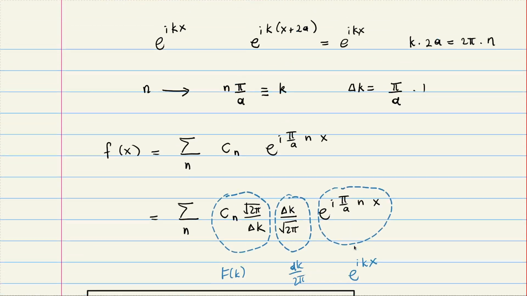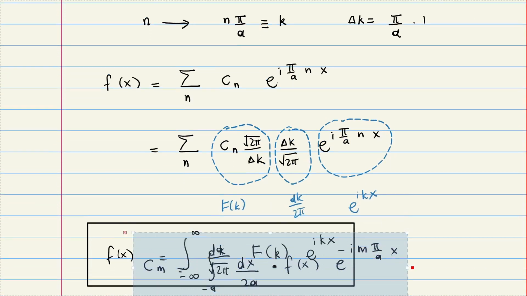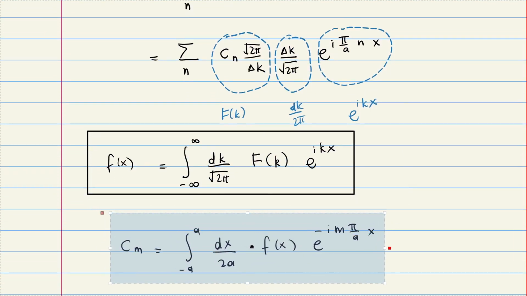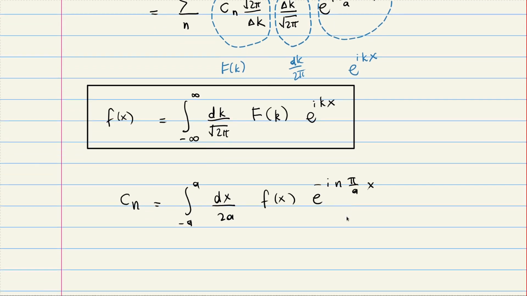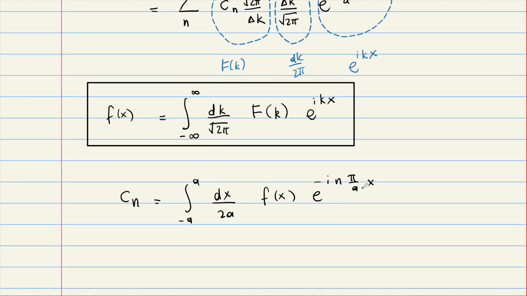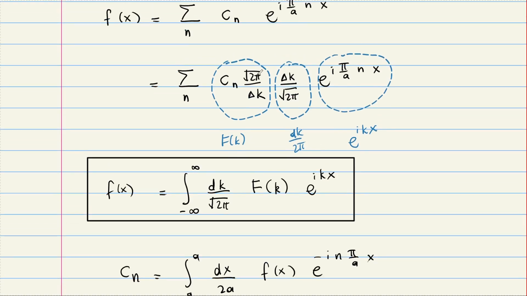And let's do the same thing with the inverse. So this was the expression. Let me use n, because what we use above, this is n. And what I want to do is multiply, because you see f of k is multiplied with root 2 pi over delta k.